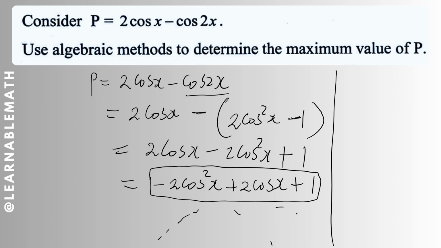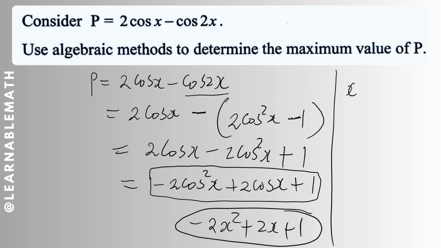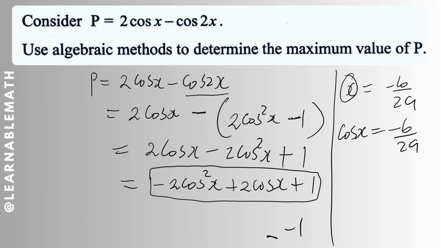If this was a quadratic, showing an exact shape, it would be minus 2x squared plus 2x plus 1, where the x at the turning point is equal to minus b over 2a. But in this case, our x is demonstrated by cos x. So we won't say x, we'll say cos x equals minus b over 2a, because we are trying to get the x coordinate at the turning point.